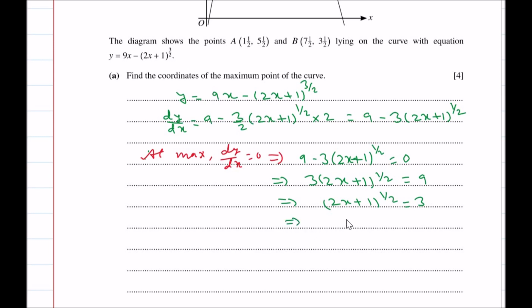Now we need to get rid of power half. So if you are getting rid of that, that side will be squared. So 3 square becomes 9. Now 2x equal to 9 minus 1, 8. So this implies that x equal to 4.